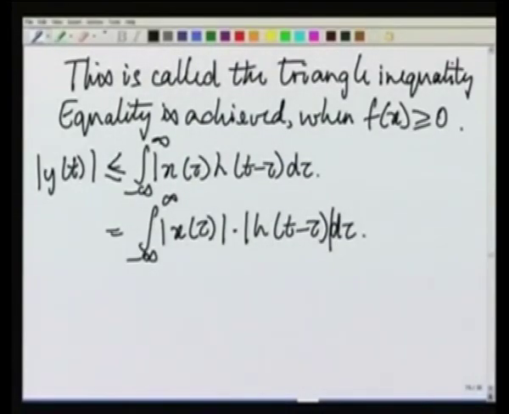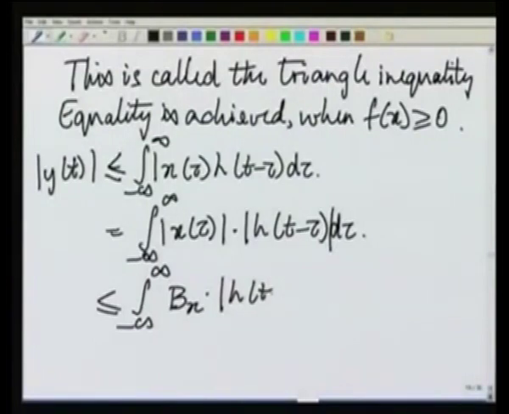In short, this integral is itself less than or equal to the worst case situation, where instead of the absolute value of x(t) we have the actual bound. The difference is that the absolute value of x(t) is less than or equal to Bx at all times t, but here we are replacing it by a constant which is always equal to the maximum value that x(t) takes, or the bound on x(t).